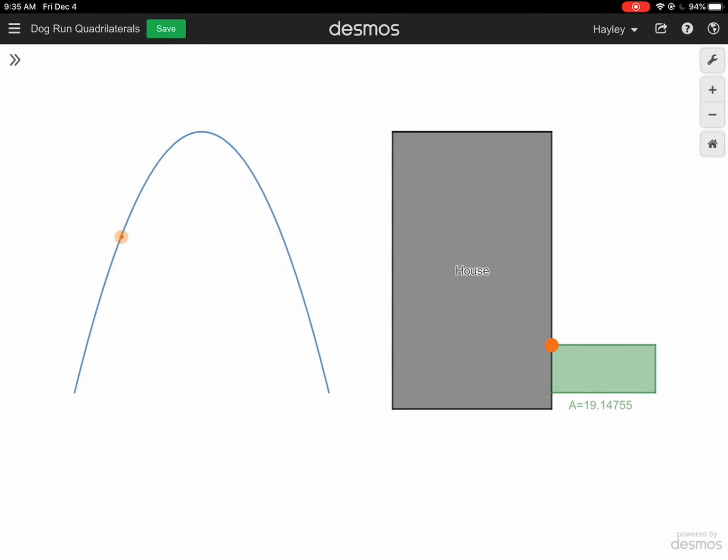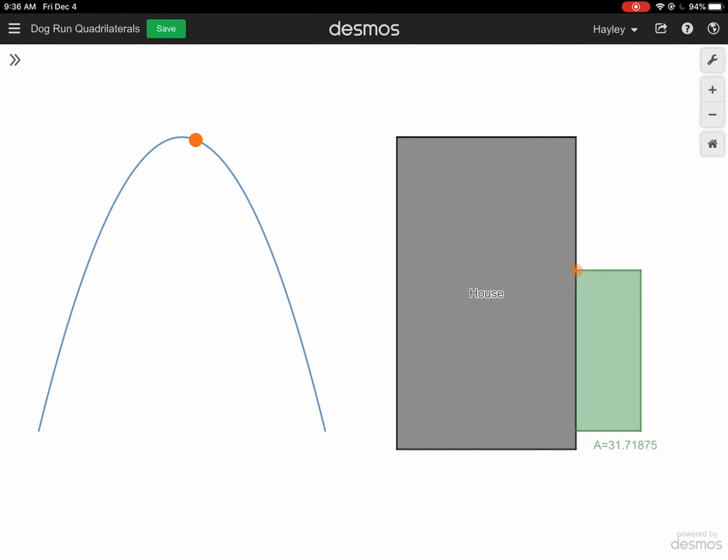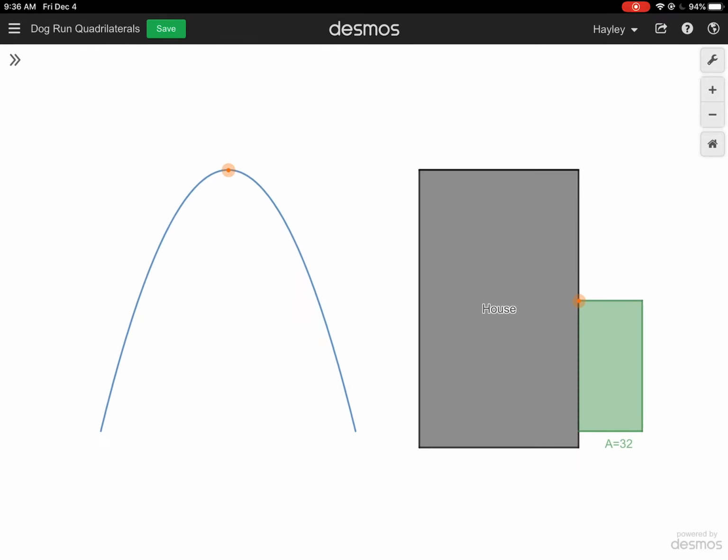Notice that when I'm moving it, it shows us the area there, but it also gives us this parabola showing what the area looks like as we change the side lengths of the dog run. So something square-ish gives us more of an area of 29, and optimally it's actually a rectangle with an area of, super close, 32, right? So super interesting stuff.